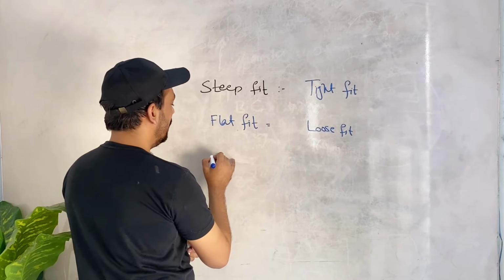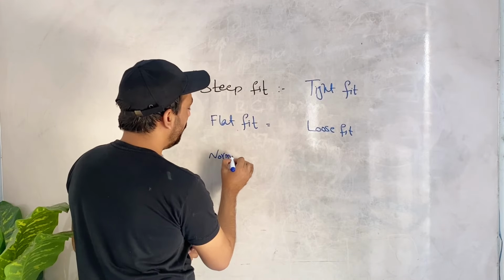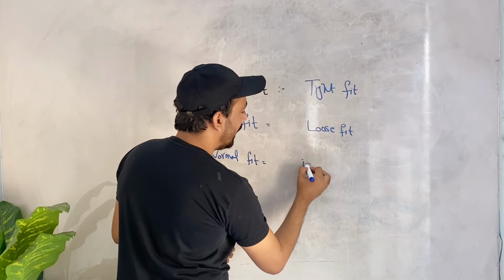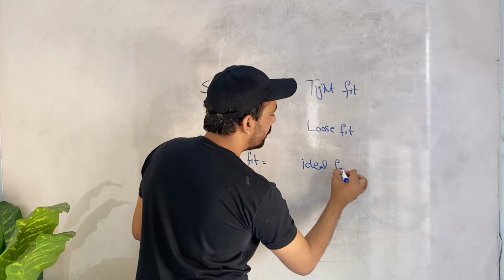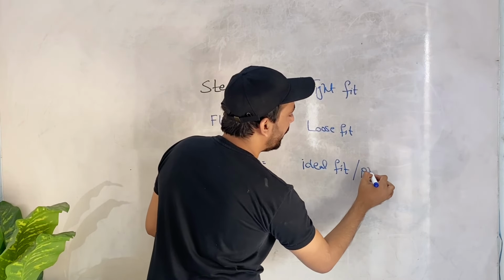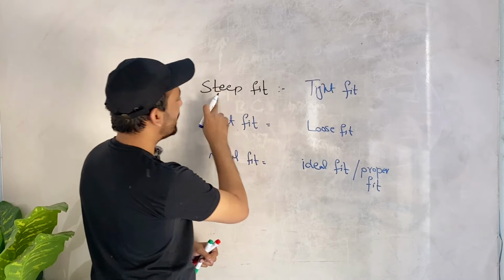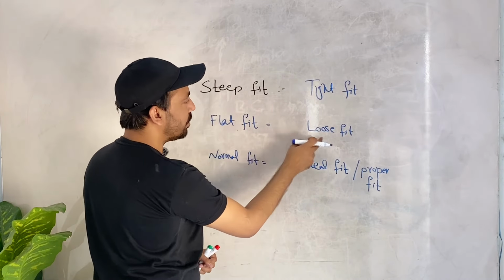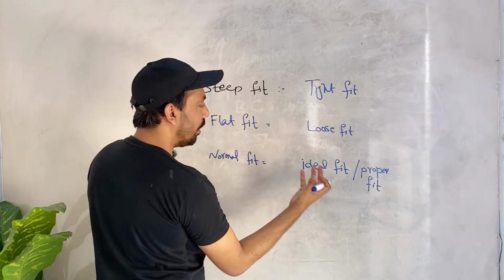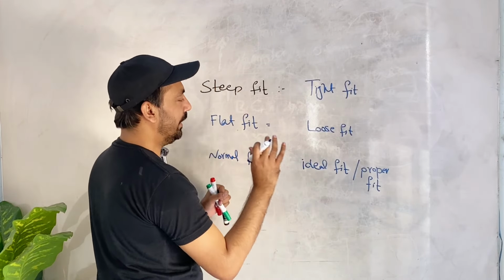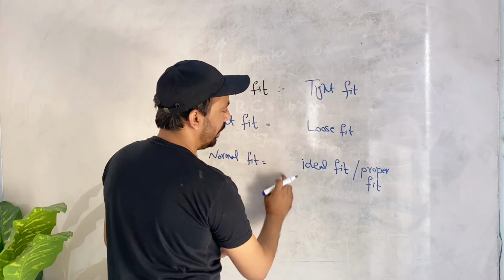And the normal fit is also called the ideal fit or the proper fit of the contact lens. So steep fit is also called the tight fit, flat fit is also called the loose fit, normal fit is also called the ideal fit and the proper fit. The most appropriate term for the normal fit is ideal fit contact lens, right?